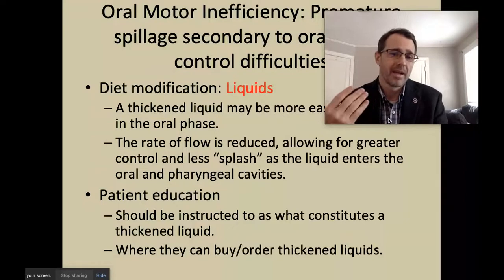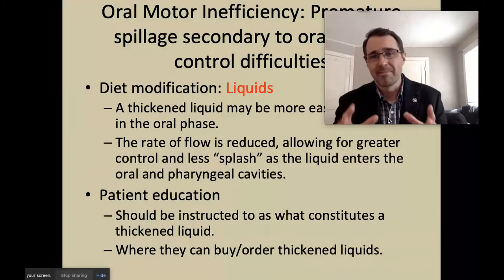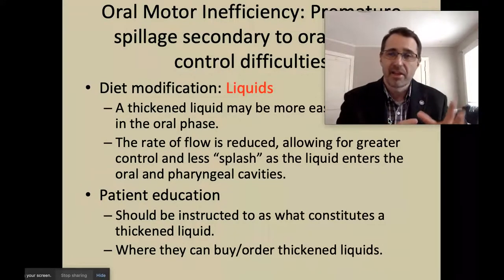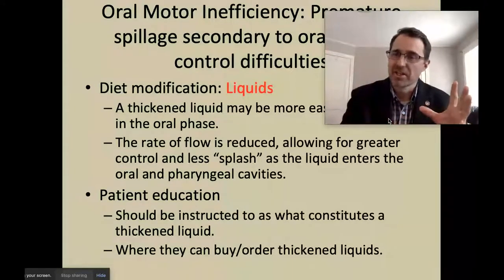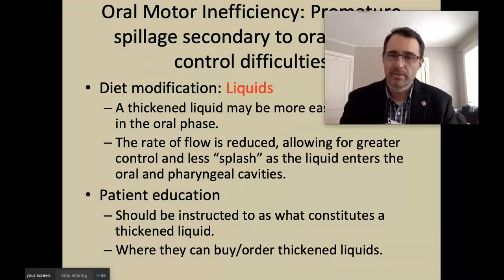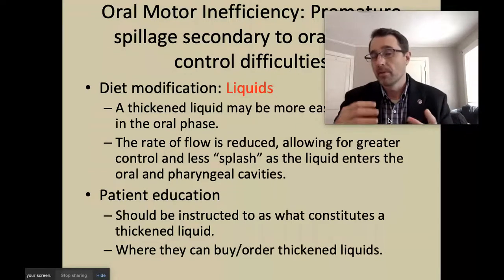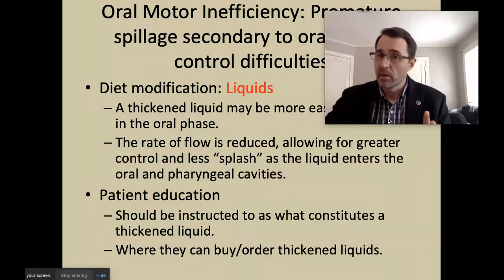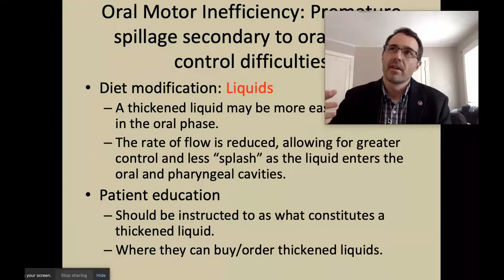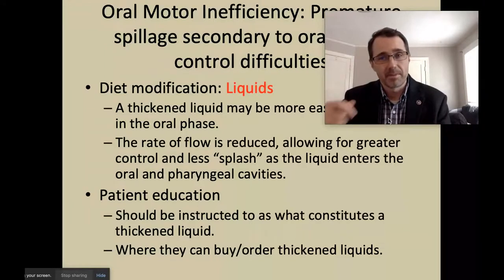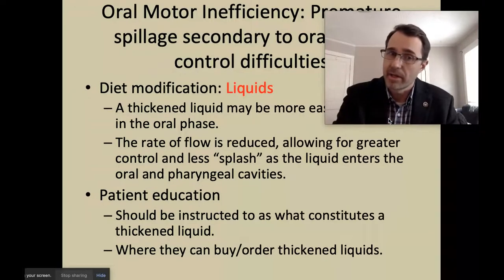You're also going to have to tell them where they can buy thickened liquids, that they can buy the thickening agent at the drugstore. They're not going to know this. And if that patient is going home on thickened liquids, you're going to have to show the caregiver, the family and maybe the patient themselves how to appropriately mix the target consistency that you're recommending.